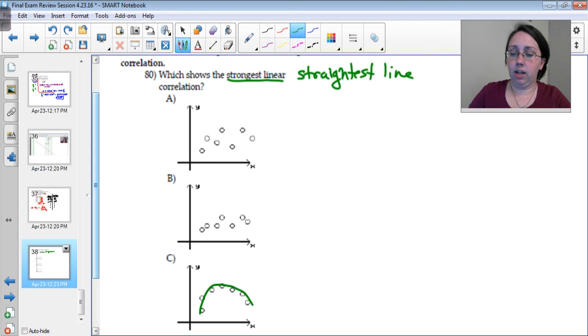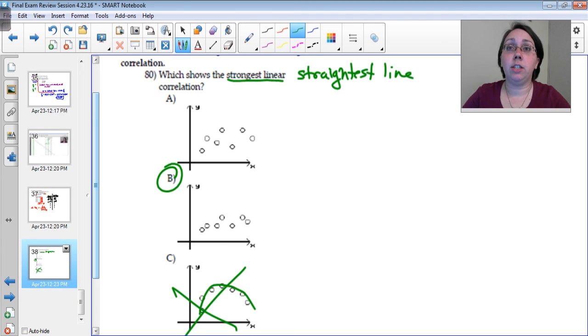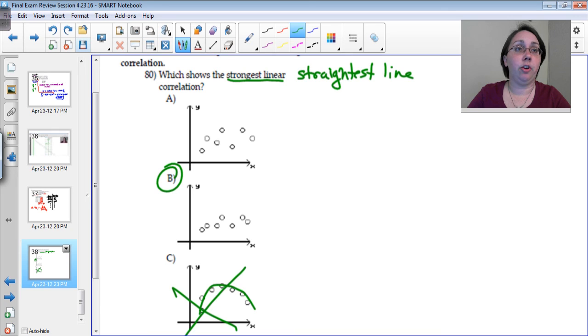Does this look like a straight line? Not even close, so that one we'll throw out. So between A and B, which of the dots is closest to just one straight line? That's what you need to determine. I would agree. Questions? And that's a chapter 10 question, so you'll see that on your homework a lot.